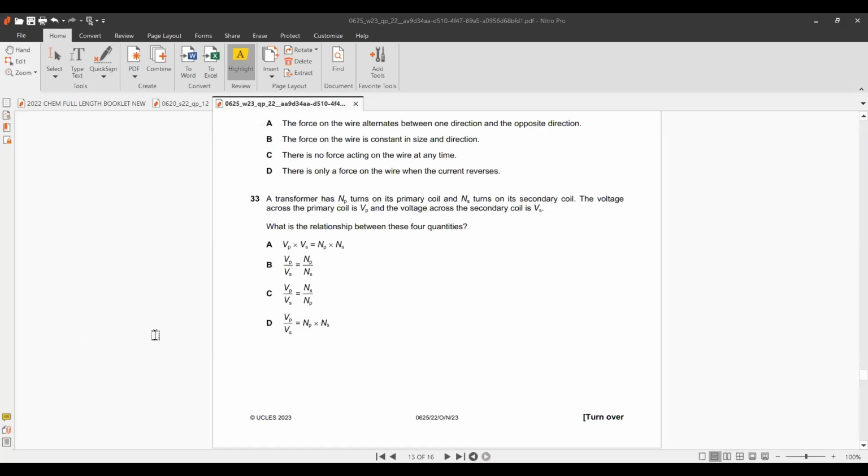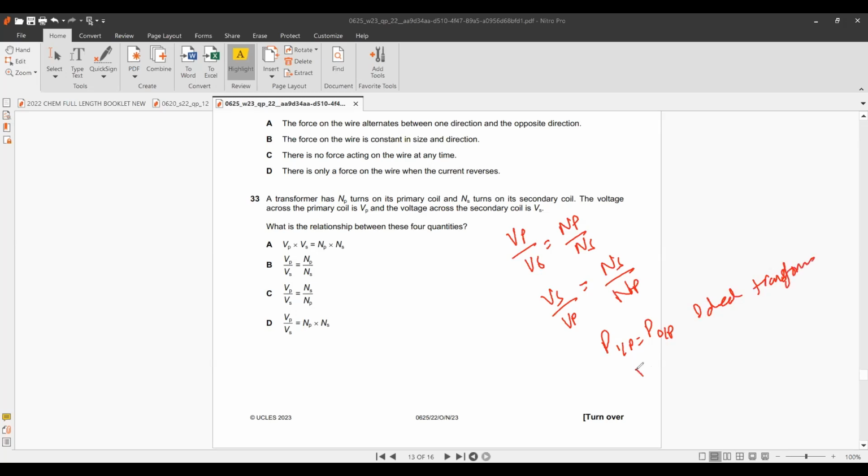Then we have a transformer question. Before getting into this, we know that we have two equations for transformers: Vp over Vs is equal to Np over Ns, or the other way around, Vs over Vp is equal to Ns over Np. And the other formula is that power input is equal to power output for ideal transformers.